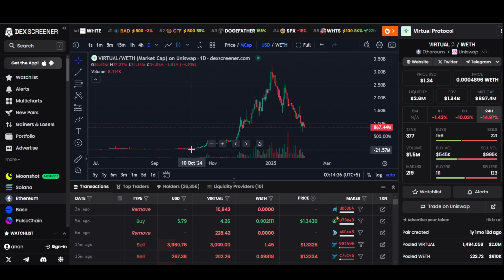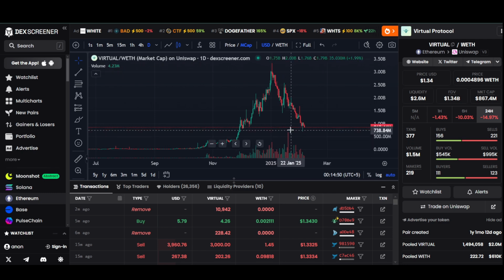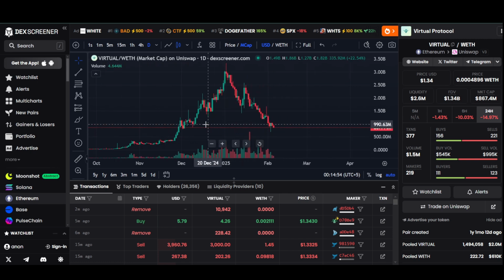So the traders who bought somewhere around here will most likely be taking profit, so they most likely sold most of their tokens, and it has been going down. This correction was due, and I think for positive price action, this correction was needed for the Virtual protocol. As of now we are heading up again, so I think it does have pretty good support.